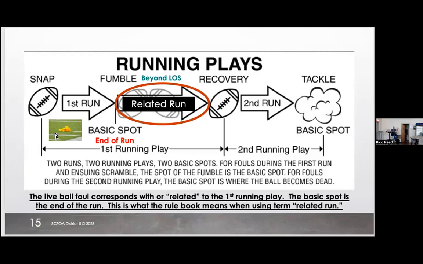You're going to enforce it from the basic spot, the end of the run, and my foul you would decline, because my foul was with Doug's running play, so you have to deal with both. And then depending on where Rico's foul occurred, you're either going from the basic spot, which is the end of the run, or the spot of the foul. We'll get into that in a few minutes.